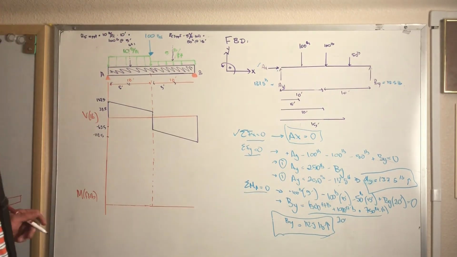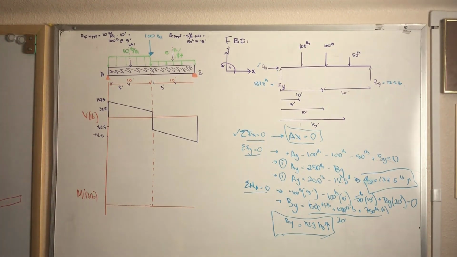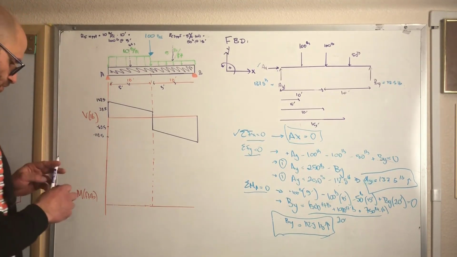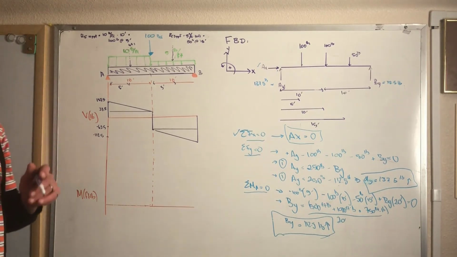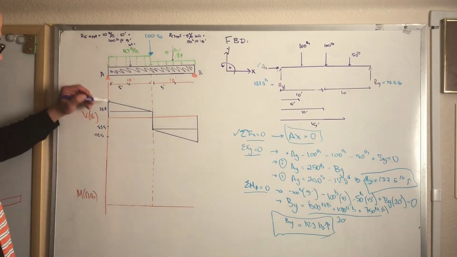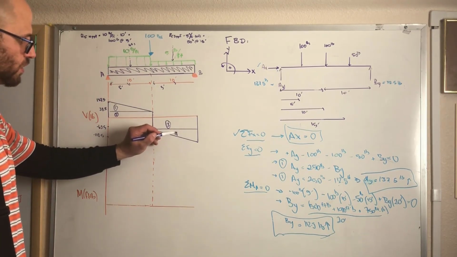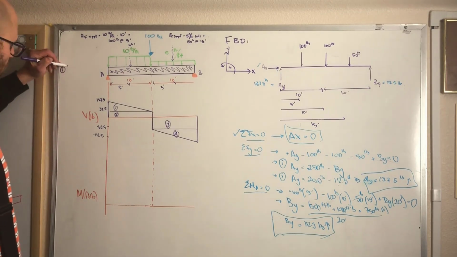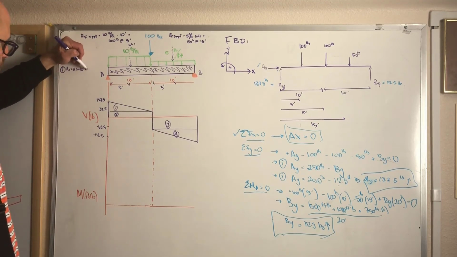All right, so we've got a story here, just like we had with the shear diagram, but now we can't look at the beam. We have to look at the shear diagram for our story. So we have to take the area under the curve to determine where we're at on our moment diagram. We have 1, 2, 3, 4 areas to go for. So the first one is 0.5 times 10 feet times 100.